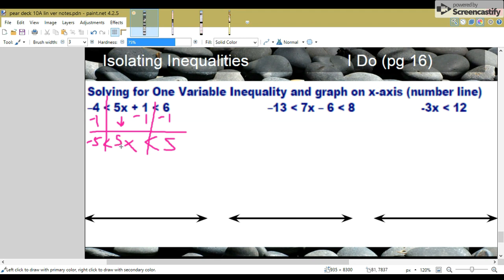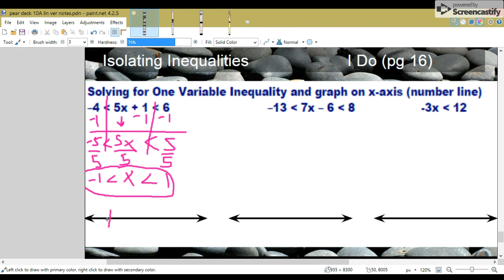The opposite of multiplying is dividing. So let's divide by 5 on every side. Negative 5 divided by 5 is negative 1. 5x divided by 5 is 1x. And 5 divided by 5 is 1. So your solution is negative 1 is less than x is less than 1.